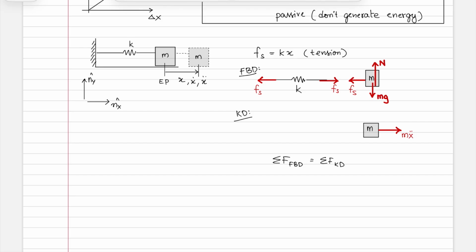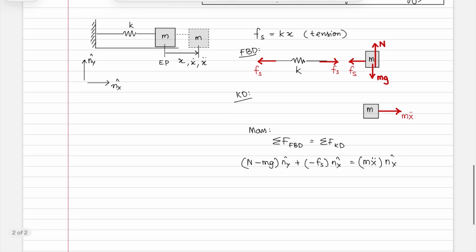Then the sum of forces for the mass is n minus mg along the ny hat direction, plus minus Fs in the nx hat direction. Why is it minus? Because this is pointing to the right while the force appearing on that block in the free body diagram is to the left. This is equal to, on the kinetic diagram side, mx double dot along nx hat.